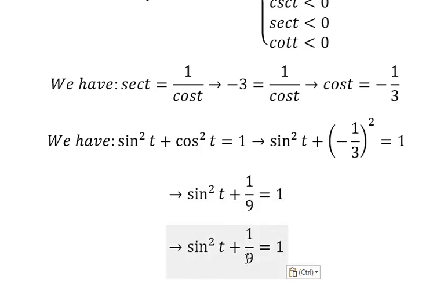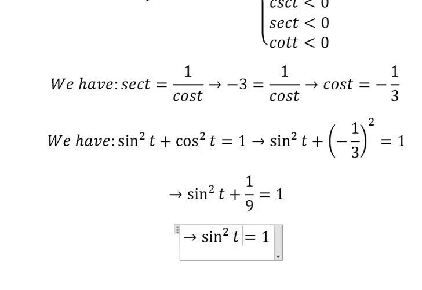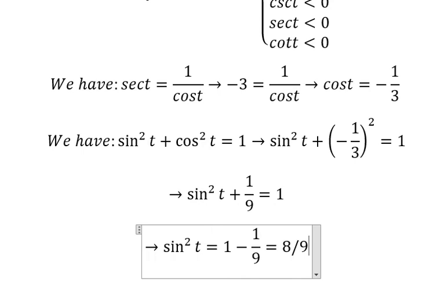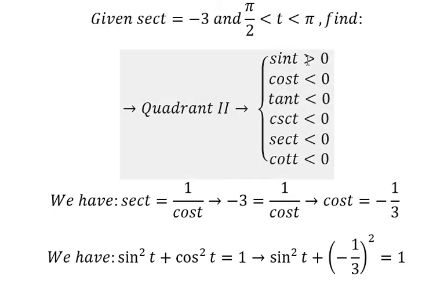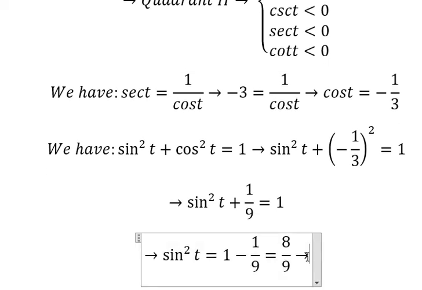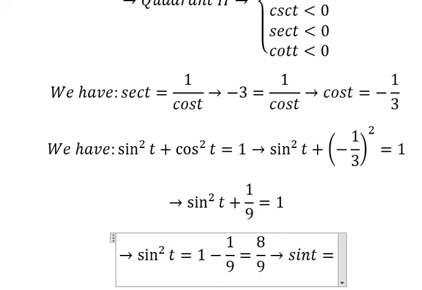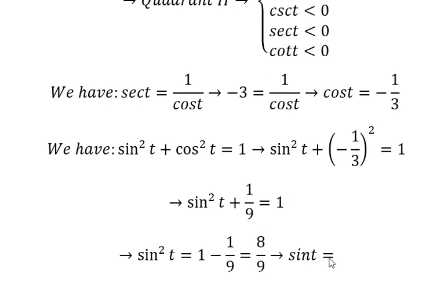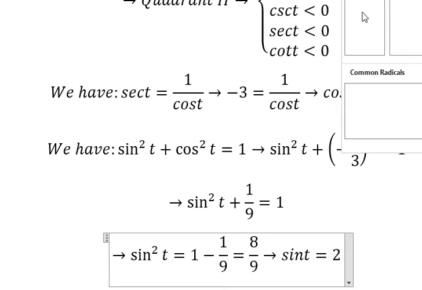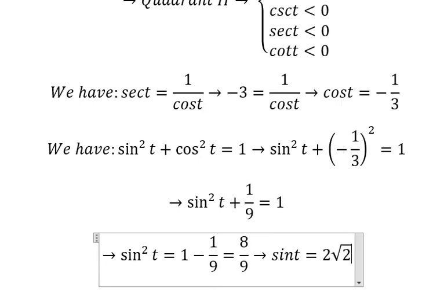So 1 over 9 we put on the right, and we calculate this, so we have 8 over 9. We know that sine t is positive. So when we take the square root for both sides, we need to get the positive number. That should be 2 times the square root of 2 over 3.